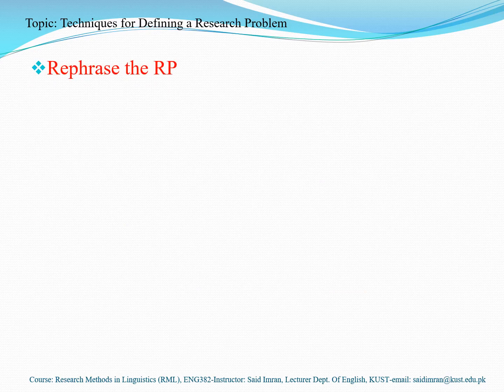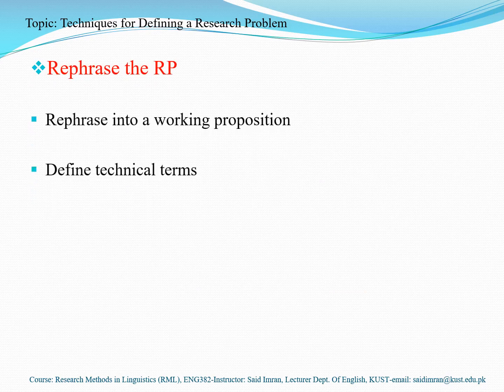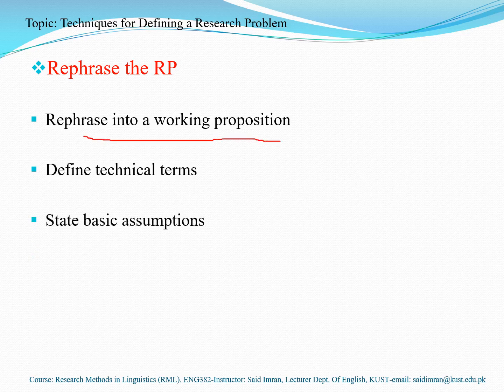And the last technique is that you rephrase the problem into a working proposition, or as we have discussed, research hypotheses. You are also supposed to define technical terms, and it is called operationalizing the study or operational definitions. And you state basic assumptions, which is part of your research hypotheses, because it gives you a clear direction.